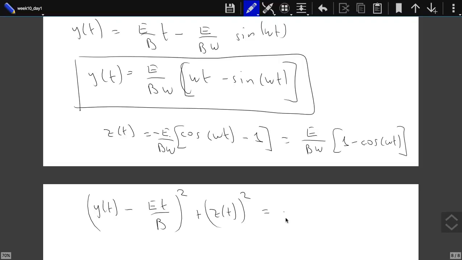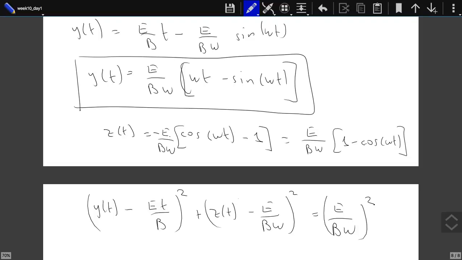This is equal to z of t minus E over B omega, squared, which is equal to E over B omega, squared. When you write the left-hand side down, you get E over B omega squared multiplied by sine squared from the y term and cosine squared from the z term. So their sum just gives us 1. Well, this would be an equation for a given time t. This is the equation for a circle.